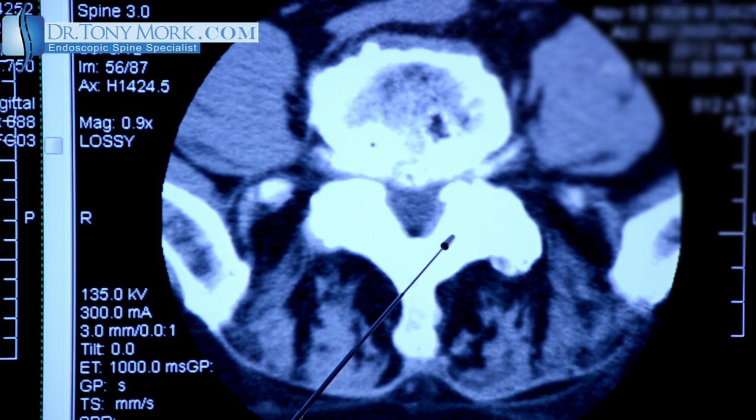On this side, the facet joint is gone, and you can see these calcifications that come out and can push into the nerve root trying to get out. In addition to the foraminal stenosis that they can cause, we can also have central stenosis, where the cauda equina, or the remnants of the spinal cord, are located as well.